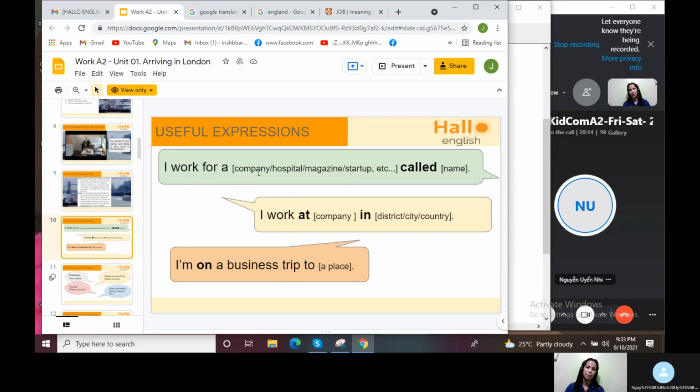You say the name of the company, or what kind of work it is: a company, a hospital, a magazine, then the name. For example, Rob works for a magazine called 24/7.